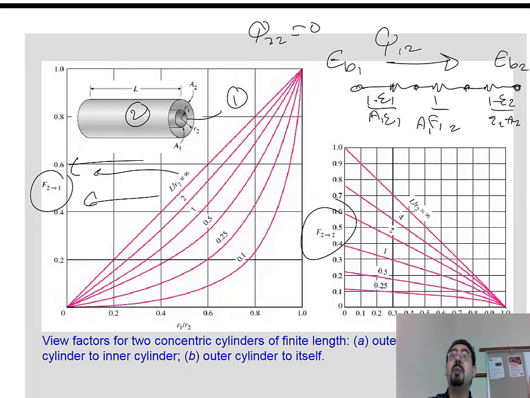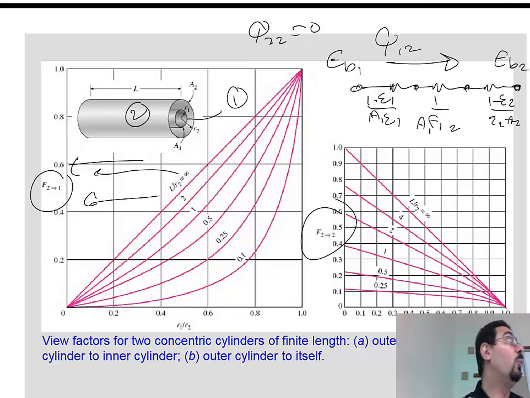So yes, I can see myself, right? But I cannot really give net heat to myself. So that outer cylinder too, yes, it can see itself and it can have F22, but Q22 is 0. Why can 2 see itself, but 1 cannot see itself?